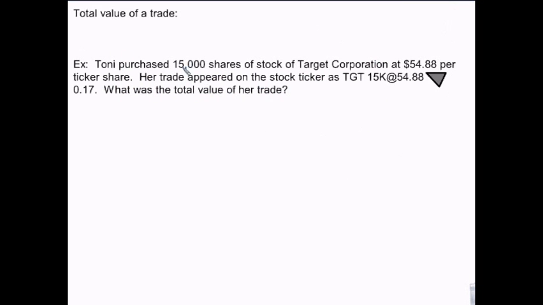Anyway, Tony purchased 15,000 shares of stock at $54.88 per share, and her ticker appeared like this. But we want to know the total value of her trade. Total value of her trade is the number of shares. So you're going to take the number of shares and multiply it by the price per share.